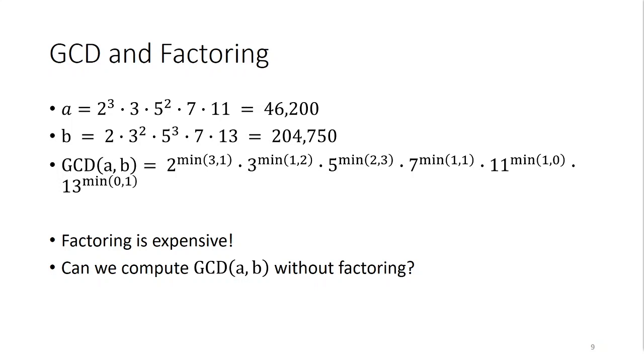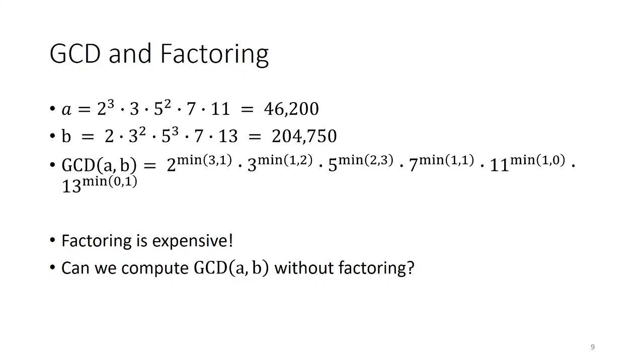We don't have 13 in A, so that will be 0 again. Here, we can read them this way. A has 3 for 2, B has 1 for 2, and the other prime numbers are handled the same way.